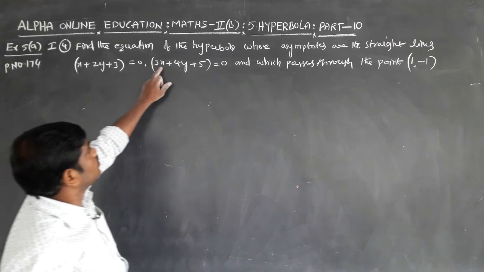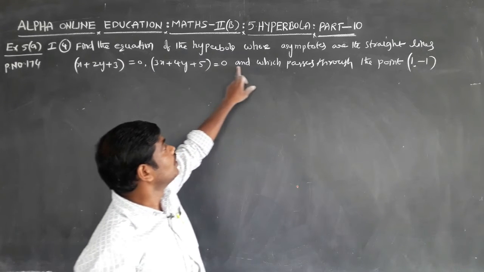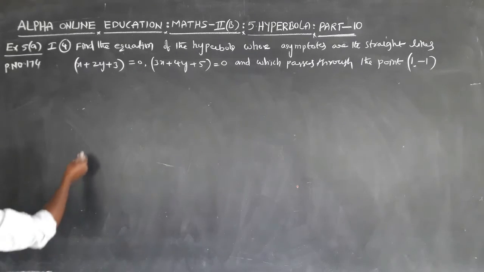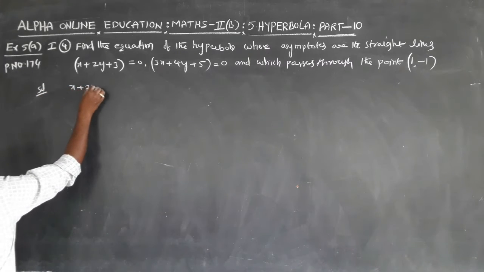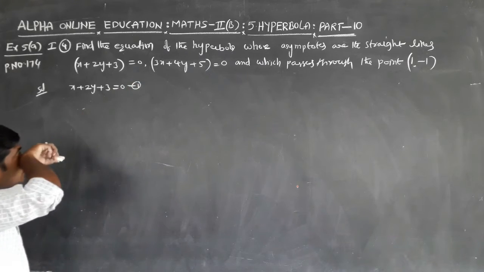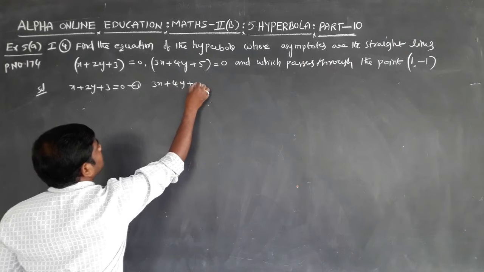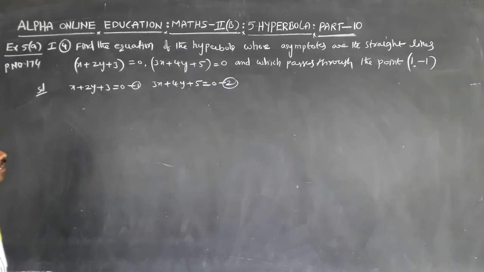Here the equations of the asymptotes are x + 2y + 3 = 0 and 3x + 4y + 5 = 0.